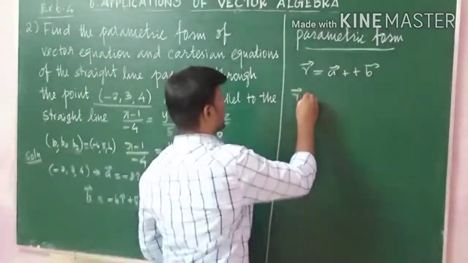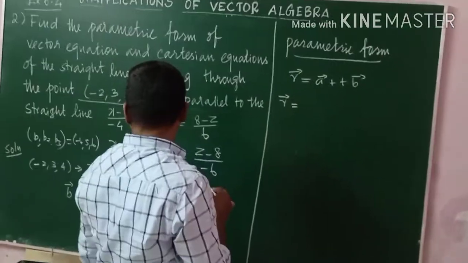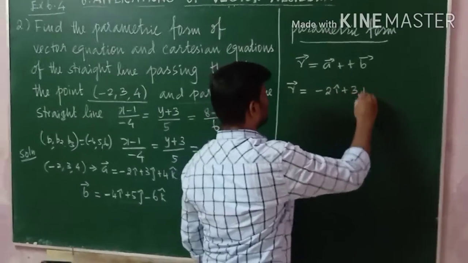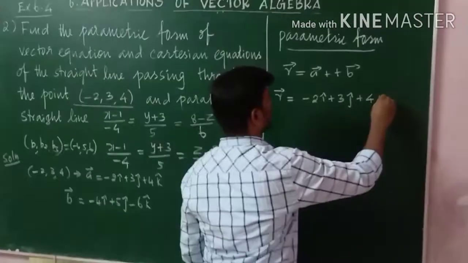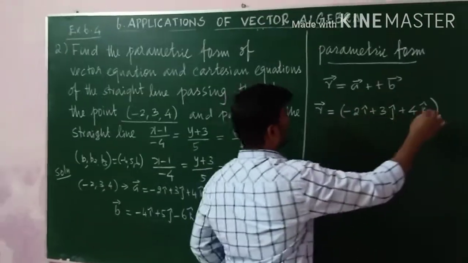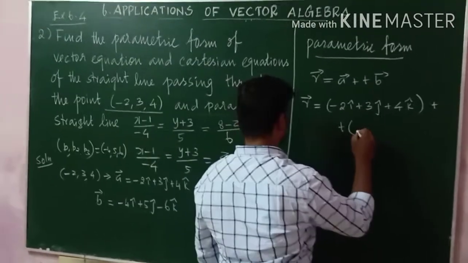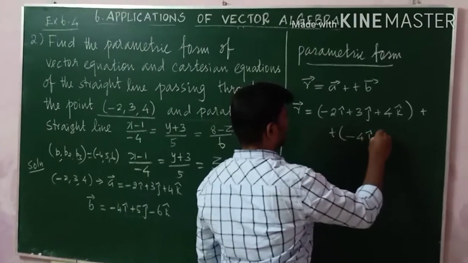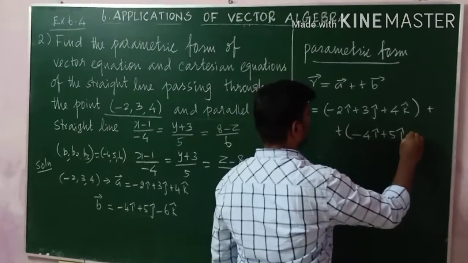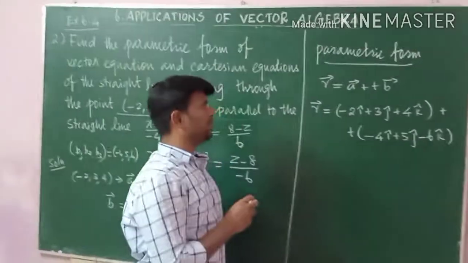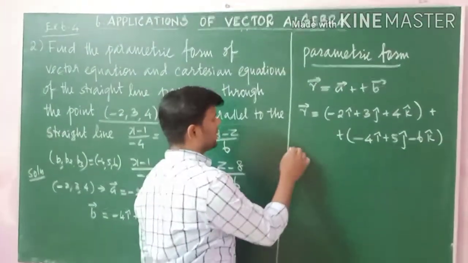So R vector is equal to minus 2i cap plus 3j cap plus 4k cap plus t times the B vector minus 4i cap plus 5j cap minus 6k cap. So this is our required parametric form of the vector equation.